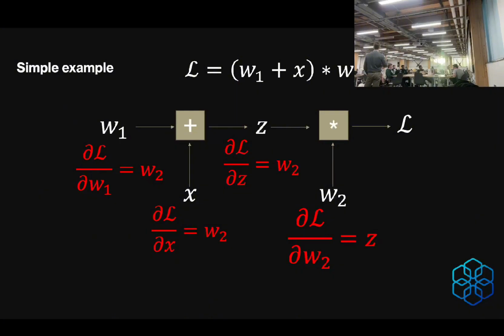Okay, so it's 1. So what happened, can you see some pattern for z and W2? What are their respective derivatives? Yeah, the other, right? So the derivative for z is going to be W2, because a very small incremental change of z is going to result in a change of L that is W2.